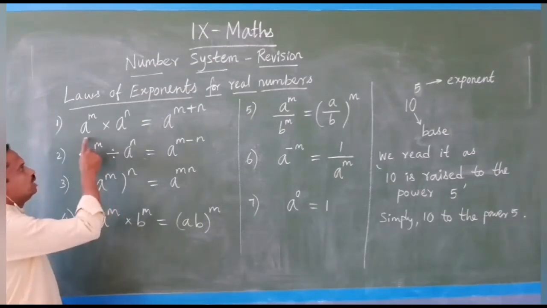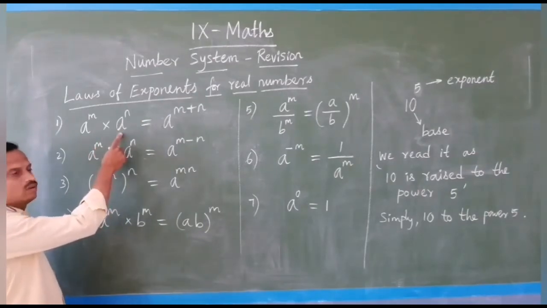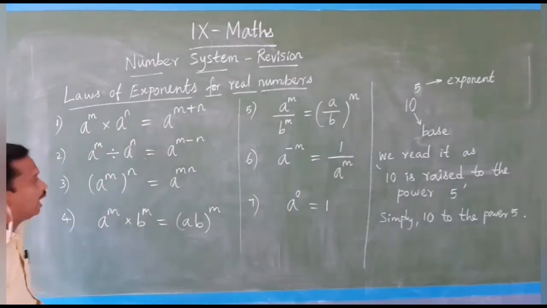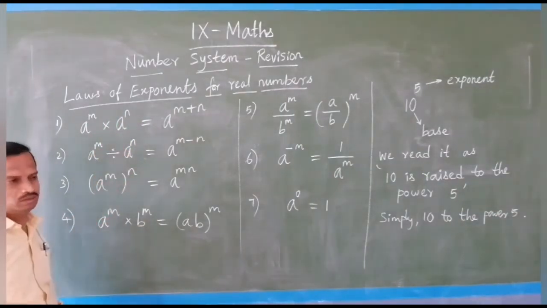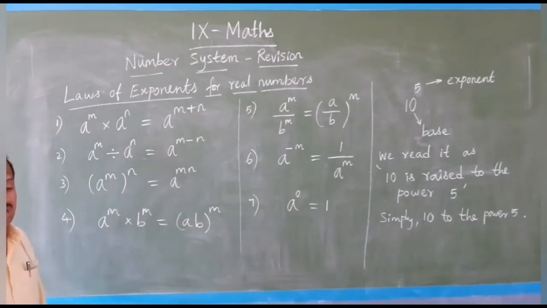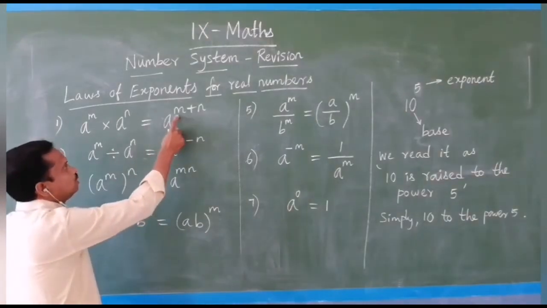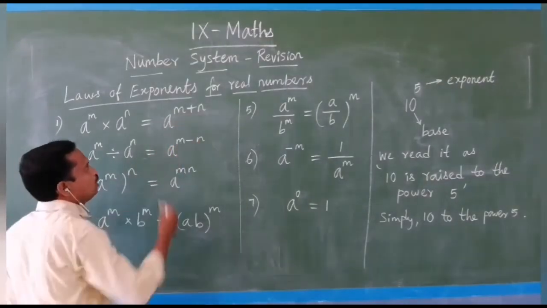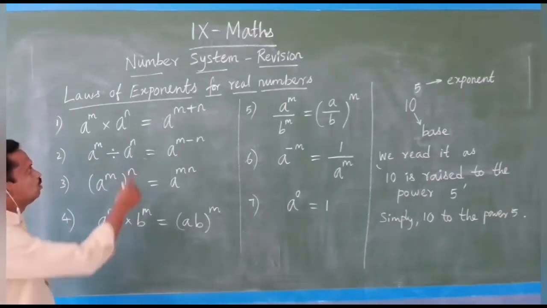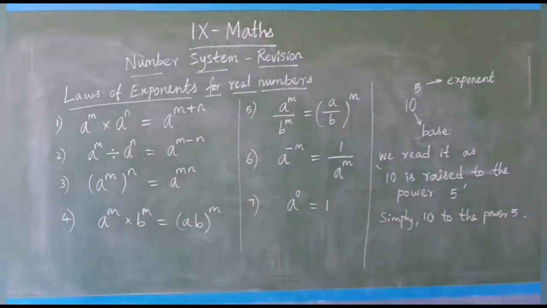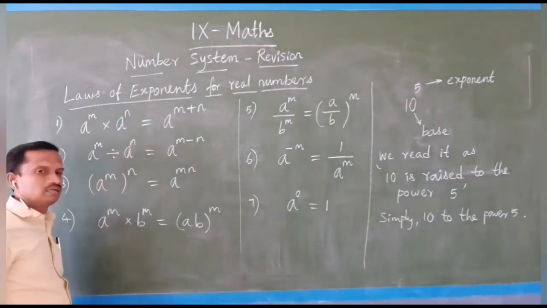So the bases are equal whereas the exponents are different, and the bases are multiplying here. So the product of same bases, we have to put the base a and the sum of the powers. So a power m plus n, we have to add the powers. So this is called product law.